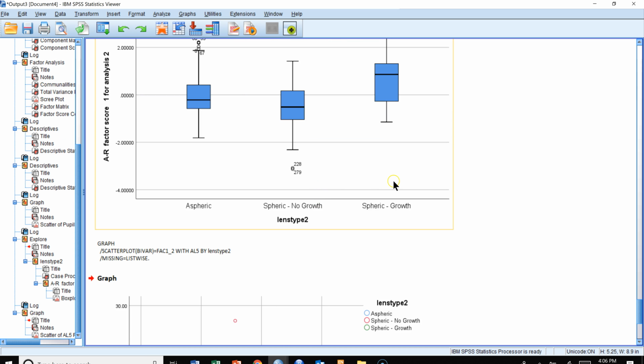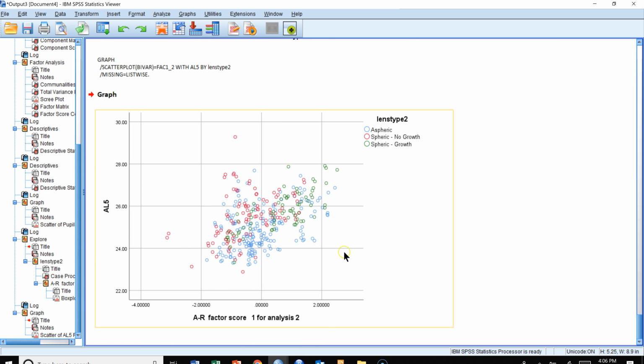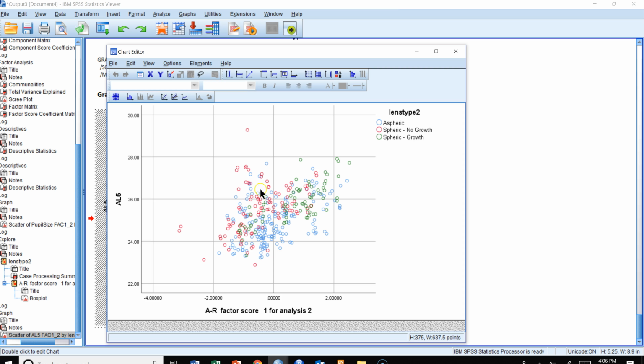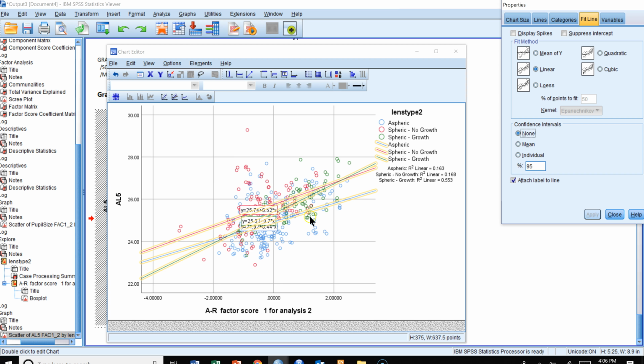And let's look at that. We can see here that as the factor score increases, axial length increases after 5 years. We can add regression lines to that.